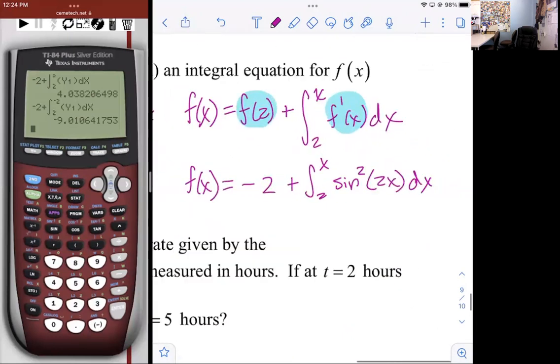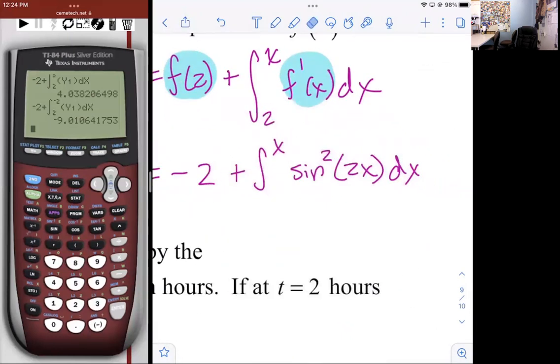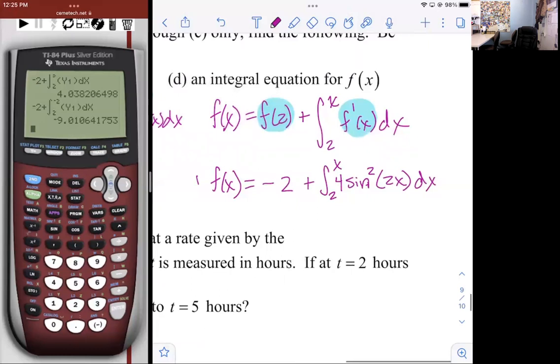Oh, there sure is. Thank you. Yeah, so there is a 4. I can pull it out in front of the integral if I want, but I'll save that for someone else to do. I'll let this guy ride in the cab of the truck today, right? Instead of in the back. Thank you. So this then would be the answer that we'd want to present as our final answer. All right.